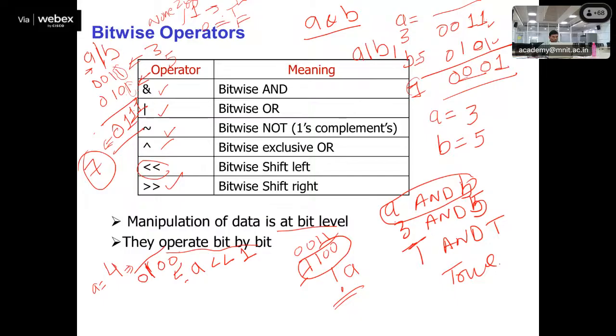So this becomes 0, this is shifted here 0, this is shifted here 0, this is shifted here 1. So we get the value 0 0 0 1, and reading it as 1, 2, 4, 8, we get the outcome as 8. Initially it was 4, now we get 8.